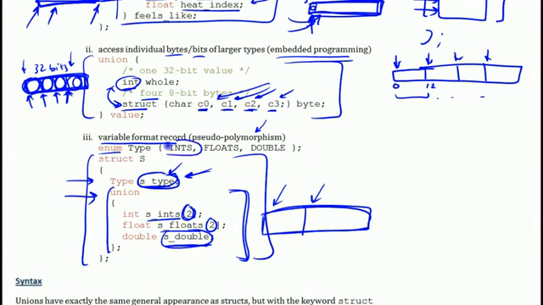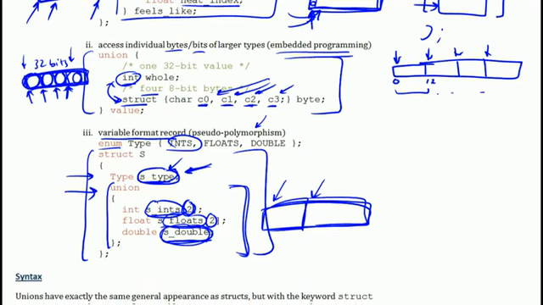So we would put ints in that variable, and the next person to come and read that value will first read this and say, okay, I know there are integers in here, so I'm going to start processing this information as integers, and they would read this from the union rather than a double or floats. So this is used as a variable format record.